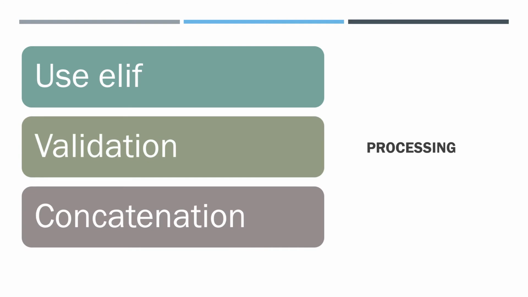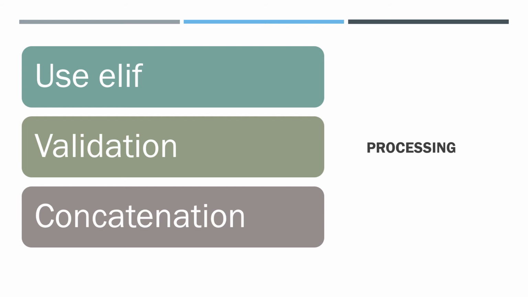Then in our processing, I suggest you use the elif structure to turn the Beaufort number into a wind name like gale or storm, and use relational operators to design those logical tests.